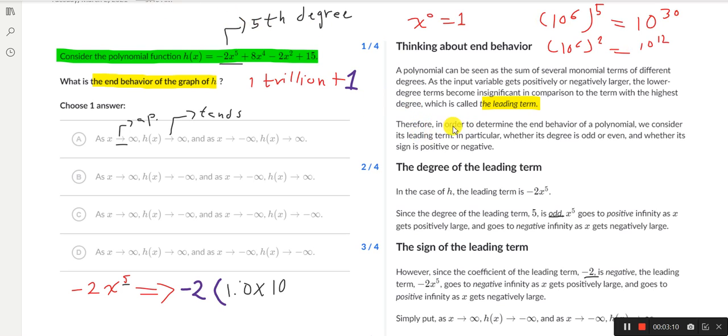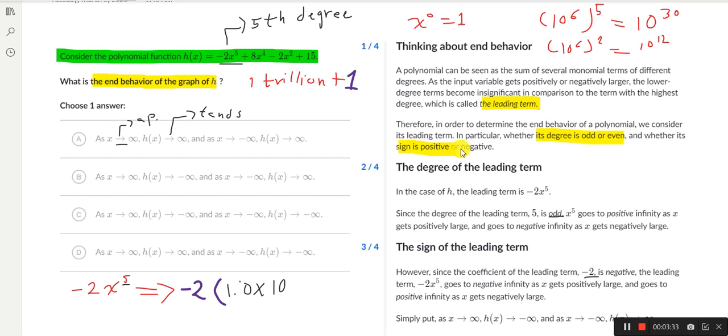Therefore, in order to determine the end behavior of a polynomial, we consider its leading term, in particular whether its degree is odd or even, and whether its sign is positive or negative.